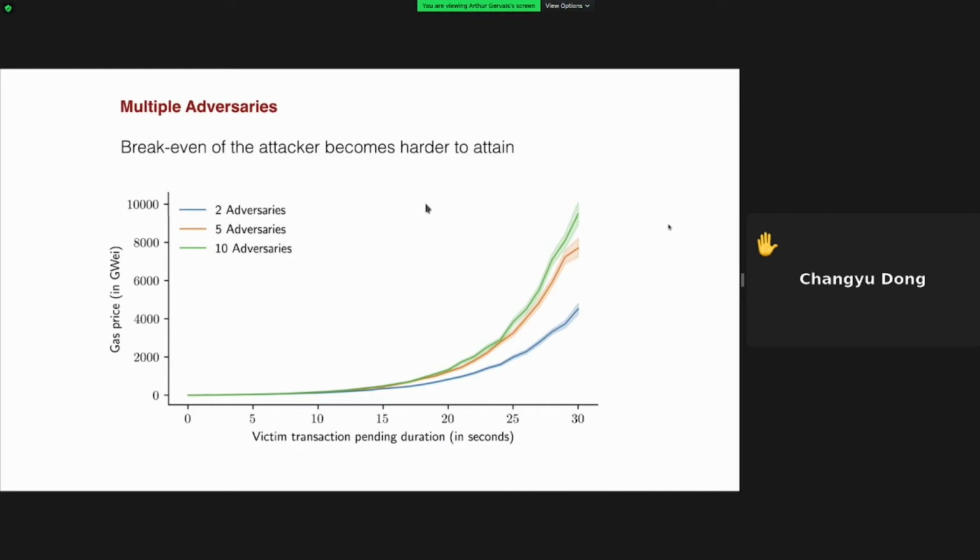Right. My third question is about the success rate of the attack, because if you fail, you probably will lose something, and this will eventually affect the overall profits the adversary can get. Is there any data on the probability that the adversary can succeed?